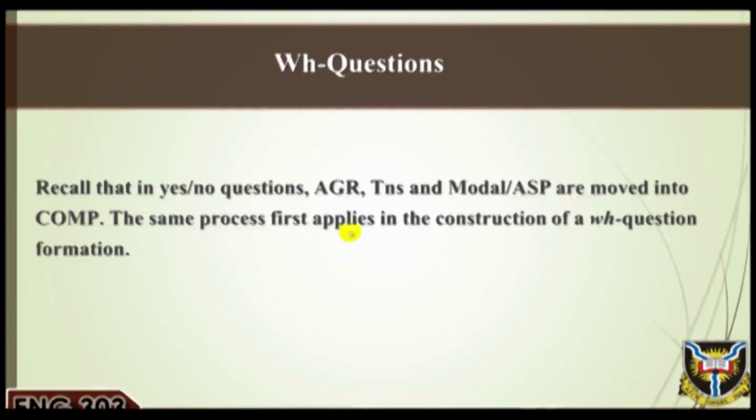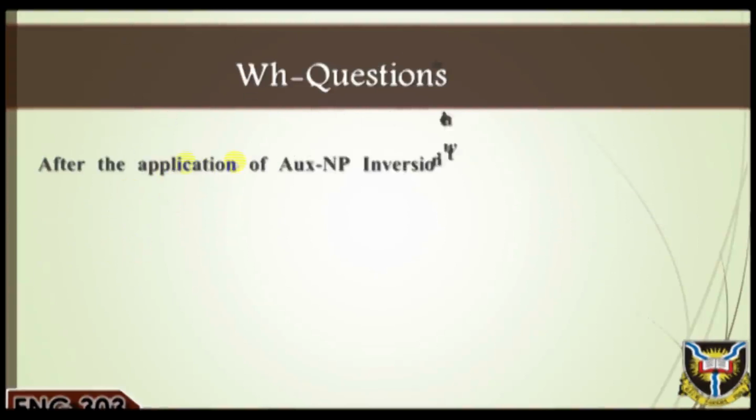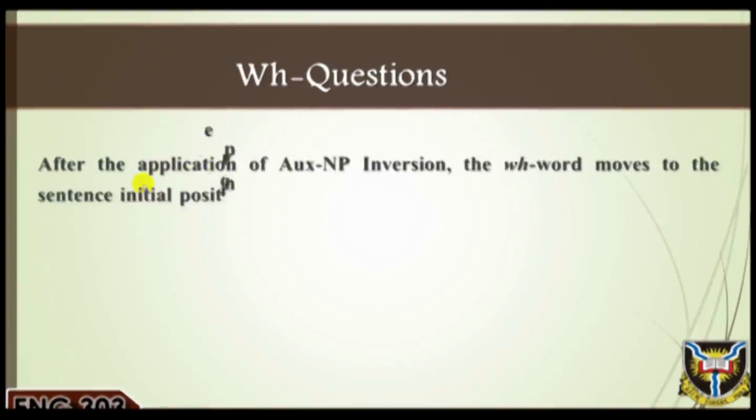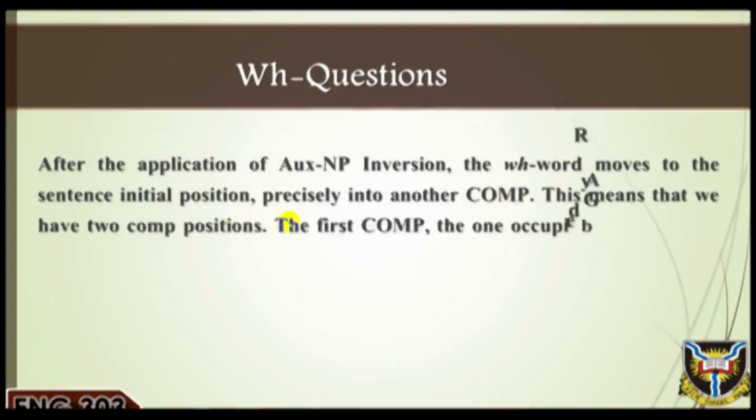The same process first applies in the construction of a WH question. After the application of AUX-NP inversion, the WH word moves to the sentence initial position, precisely into another COMP.